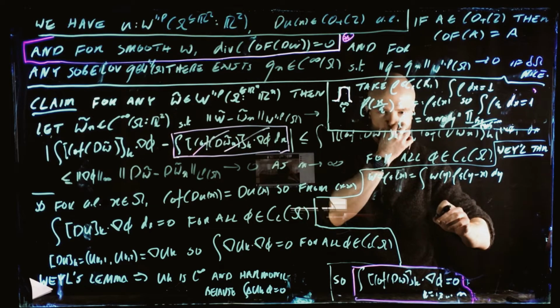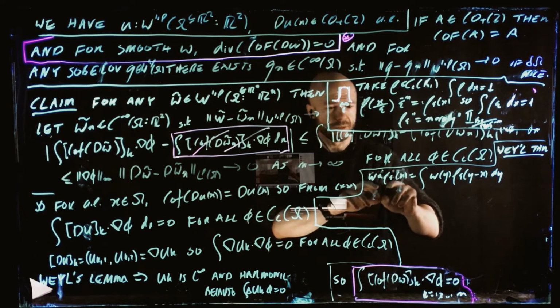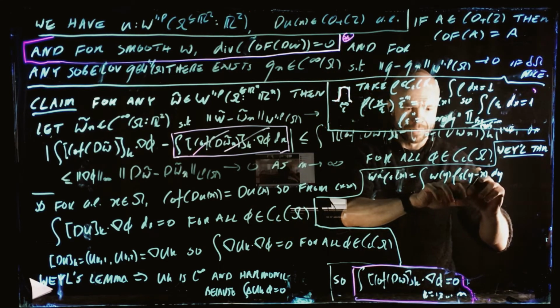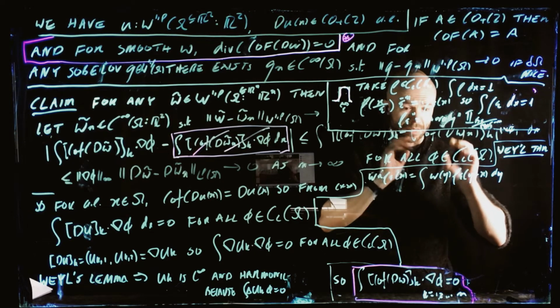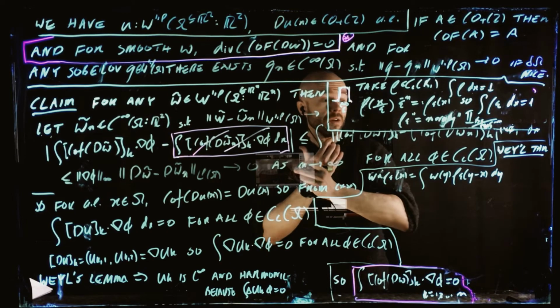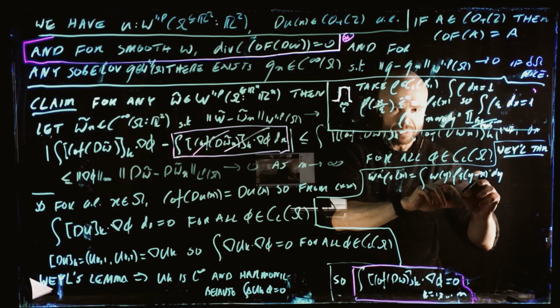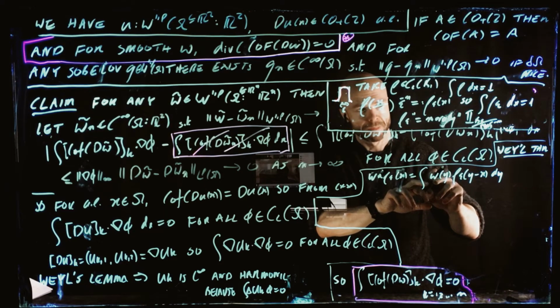What's cool about this is that we can now take all the derivatives we want, because if we take a derivative, it lands on this smooth test function. So that means that if we have a Sobolev function, we can take a derivative, it'll land on this thing, but then we can integrate by parts and put it back onto this thing.